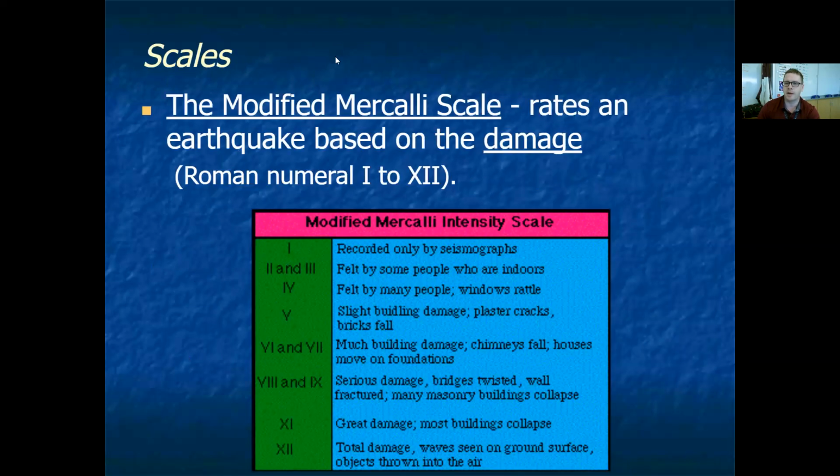This last scale here, the modified Mercalli scale, rates earthquakes based on how much damage is produced by them. It's very similar to the EF scale that meteorologists and atmospheric scientists use to determine how strong a tornado was after a tornado event.